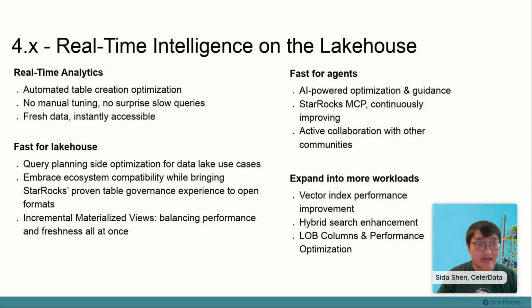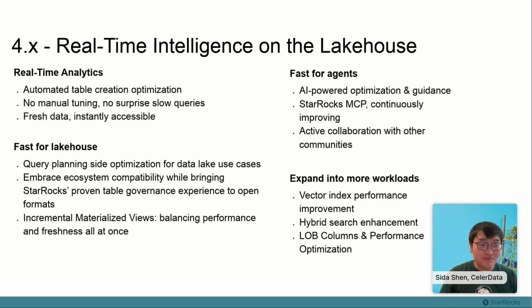StarRocks already has a vector index implementation with ANN support, approximate nearest neighbor support, with all of the indexes there. In the 4.x releases, we're going to strengthen this support, make it more robust, and make the performance even better. And also hybrid search enhancements with other types of search together.